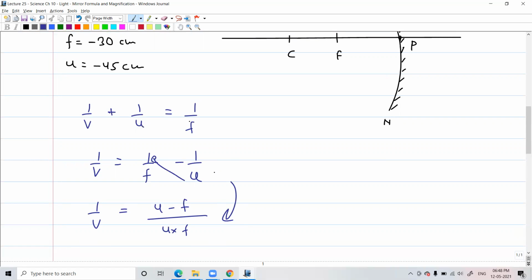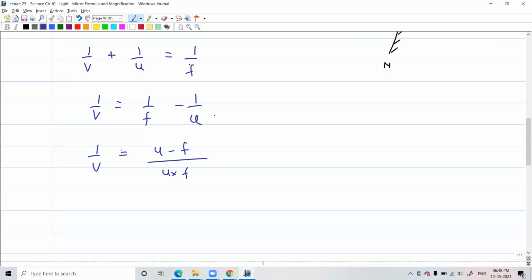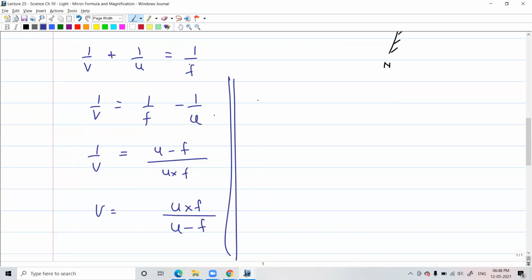U into 1, F into 1 will become U minus F, and of course the denominator will be F into U. So this is the value of 1 by V. So what will be the V value? It will be the reciprocal of this: U into F by U minus F. So if you can do this calculation, do it like this. Otherwise, don't need to make things complicated.